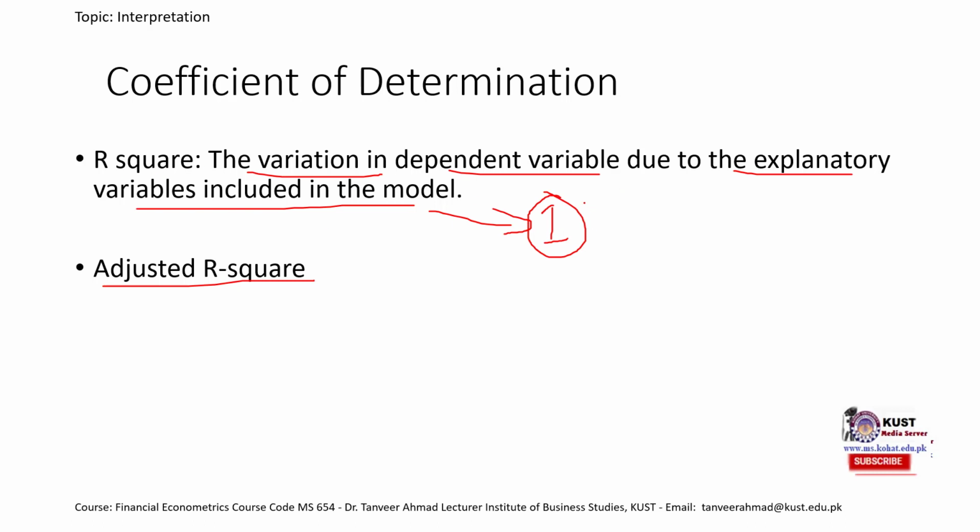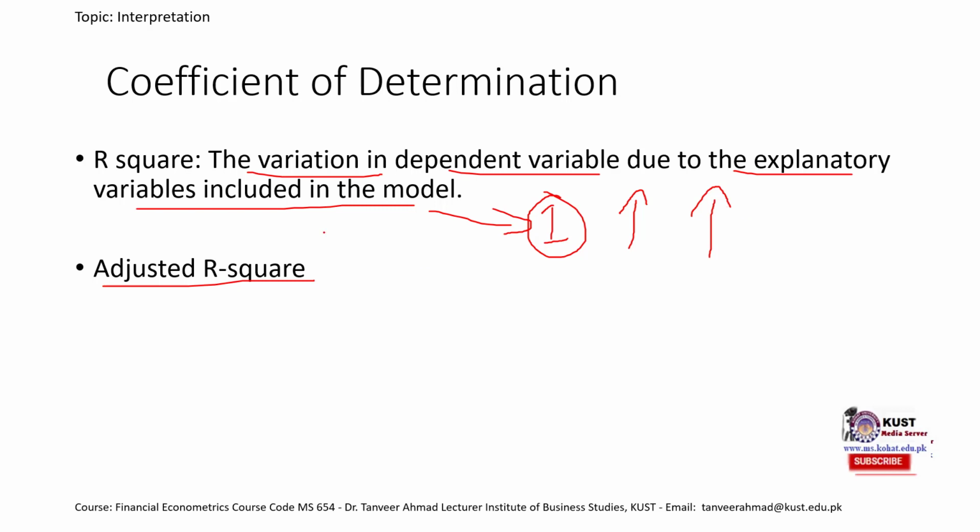Now the problem with r square is that as we increase the independent variables, the r square always increases. Even if the independent variables that we have included in our model are irrelevant, even then the r square would tend to increase. That is because of the formula that we have.